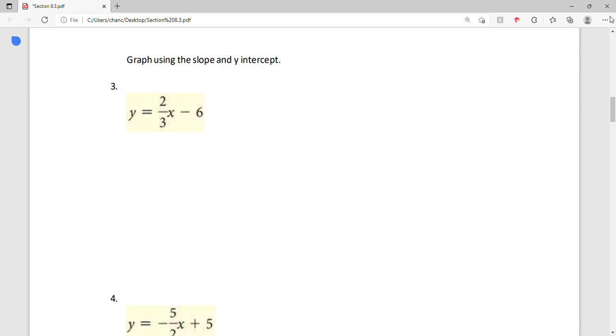In question 3, we're going to use a different technique using the slope and y-intercept. Recall the slope-intercept form for a line is y equals mx plus b, where the m is the slope of the line and the b is going to tell us that the y-intercept is (0, b).